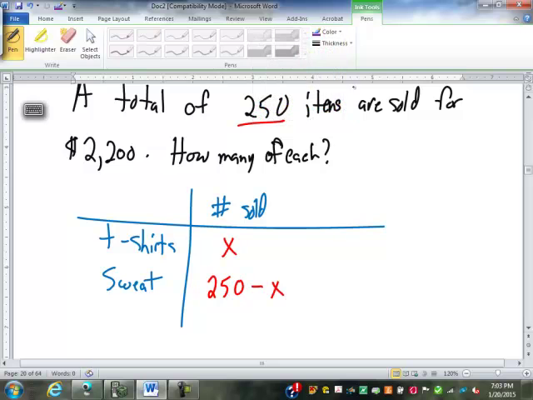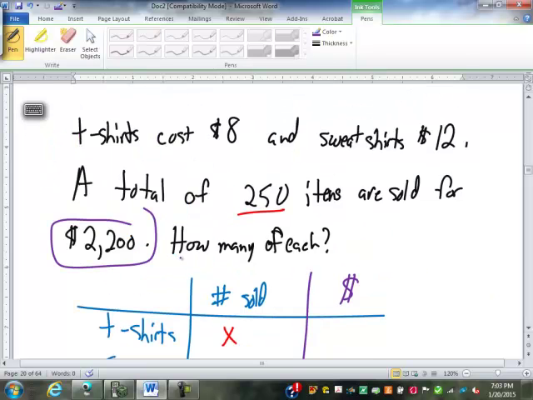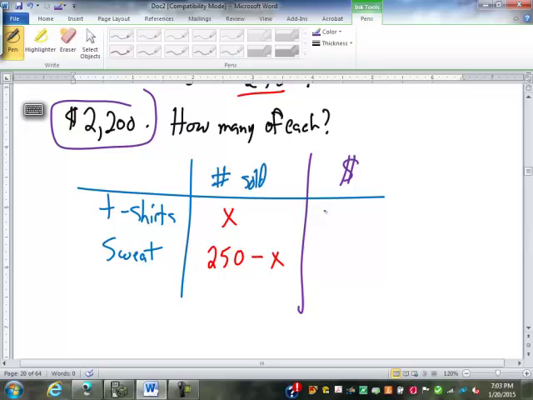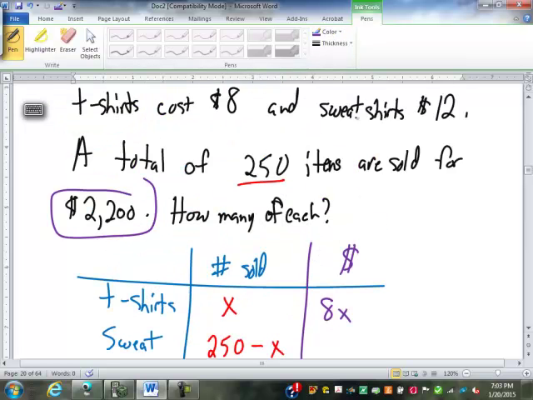Now, the other piece of information is the total dollars. So we're going to have to deal with the dollars again. And we do that by multiplying the price times the number sold. What's the cost for a t-shirt? $8. So it's 8 times X, or just 8X. What's the cost for a sweatshirt? $12.